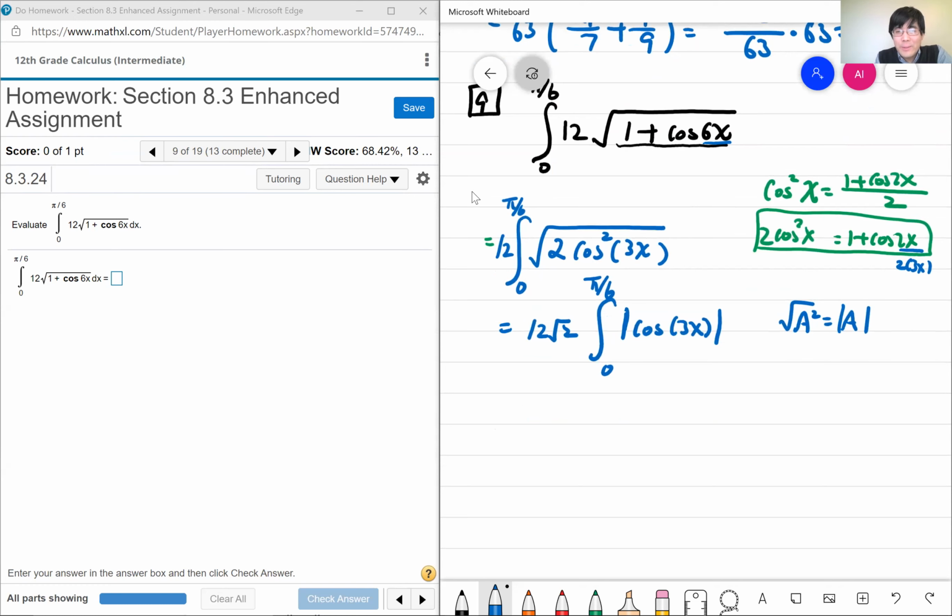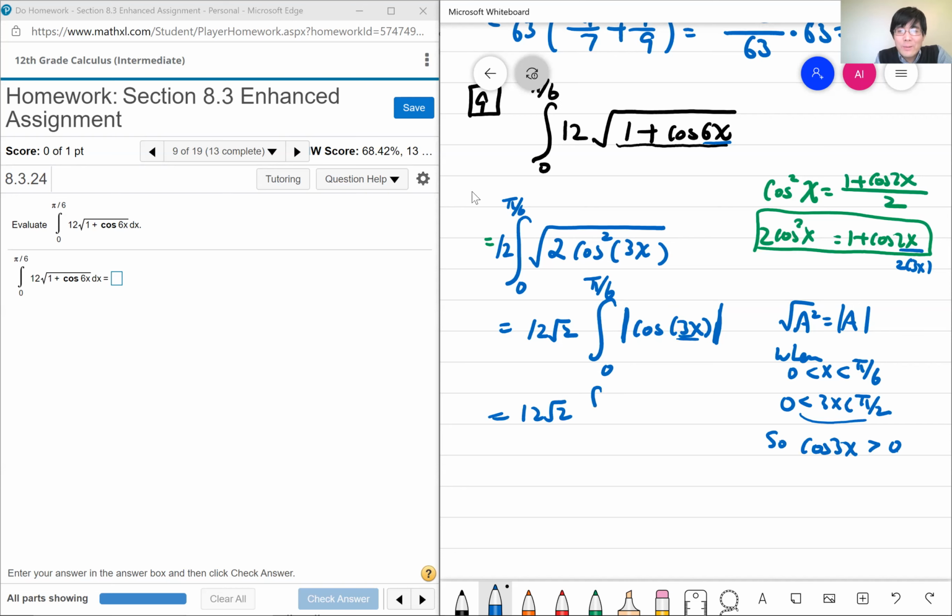Now we can eliminate this absolute value because when x is between 0 through pi over 6, as in this problem, 3x is between 0 through pi over 2. So all the angle here is first quadrant angle. So cosine of that one should be positive.